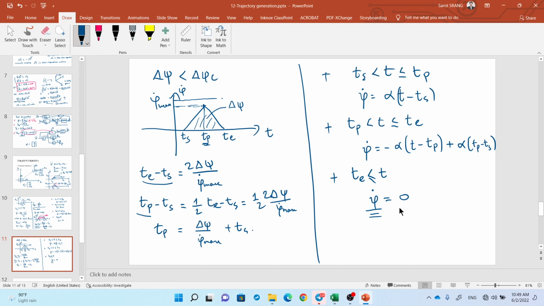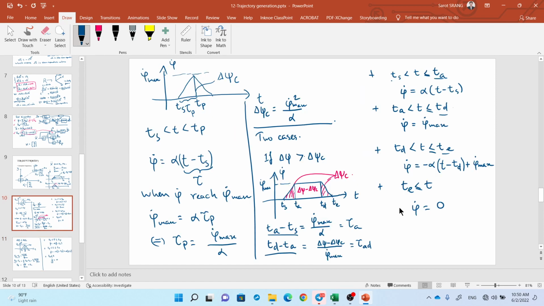How about acceleration? You can write acceleration here. If you look here, acceleration is just alpha, and acceleration here is just 0.